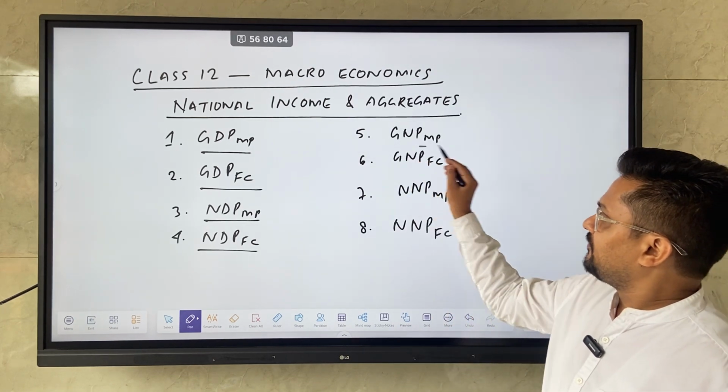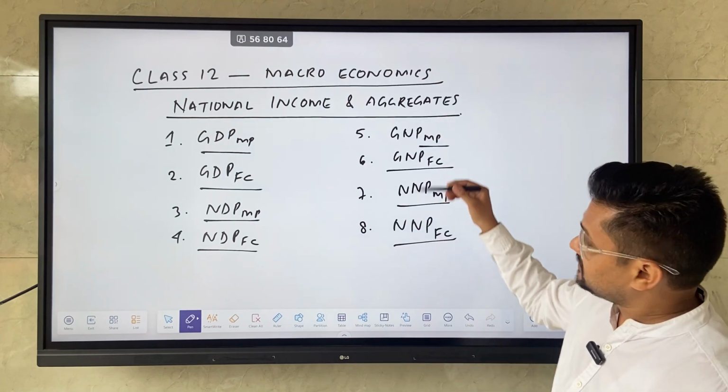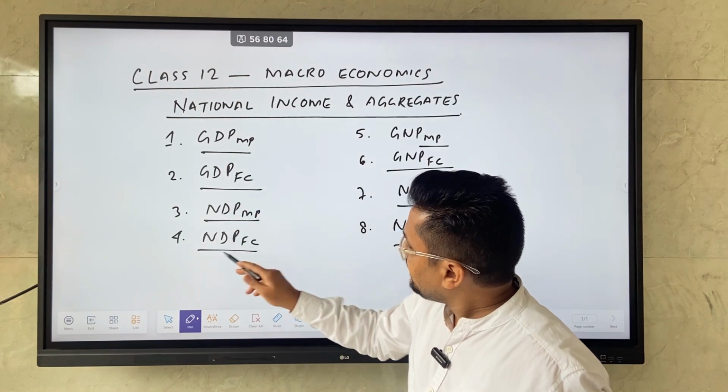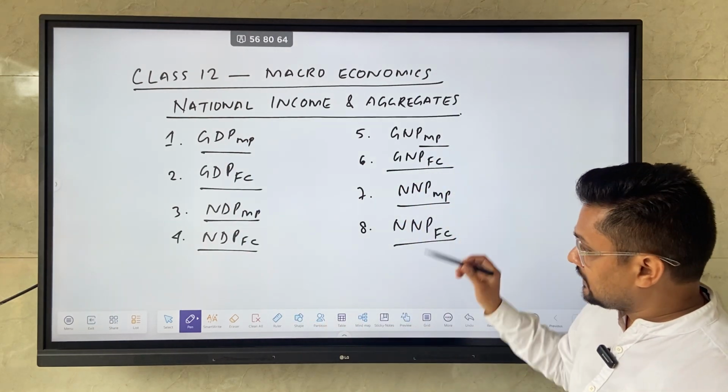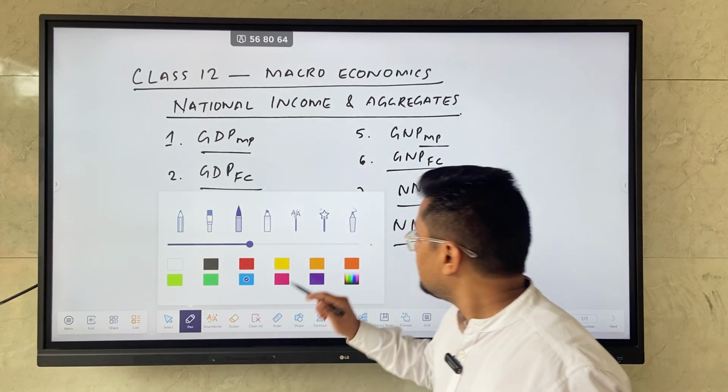So again, if you see carefully, we have nationals, so all nationals. In the center you see D, out here you see N. So what I would like to do is highlight this.